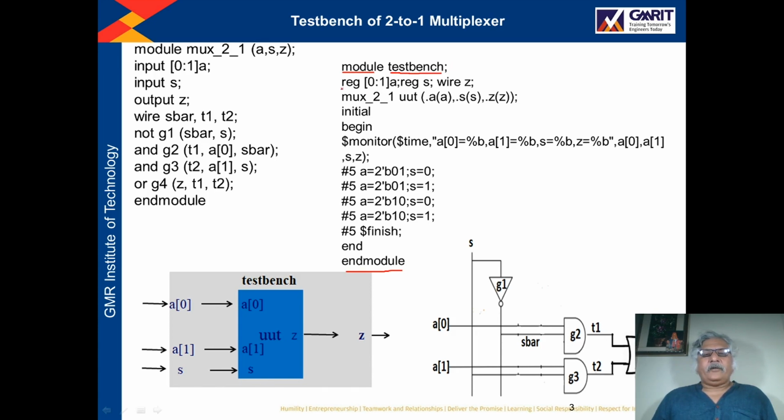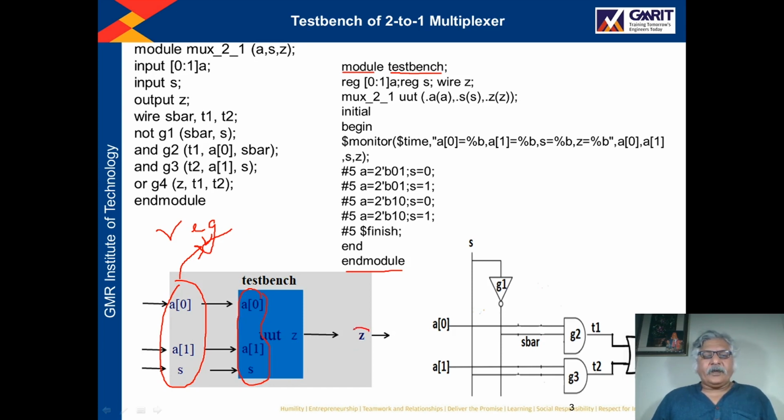Then, as I already told you, the input ports of the unit under test are interfaced with some ports of the test bench. So you have to declare these ports of the test bench as reg type, right?